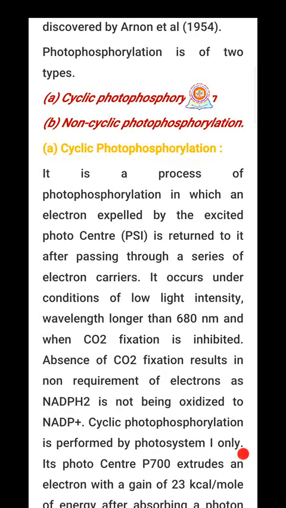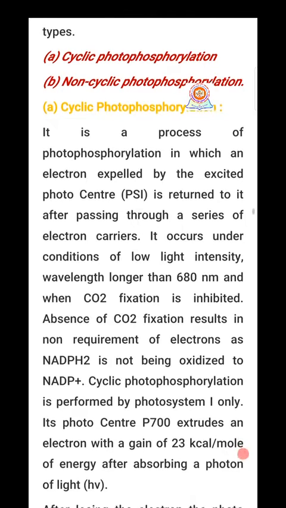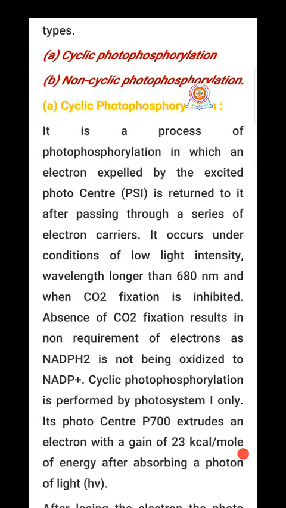Cyclic photophosphorylation, or electron transfer through a series of electron acceptors, occurs under conditions of low light intensity, wavelength longer than 680 nanometers, and when carbon dioxide fixation is inhibited.